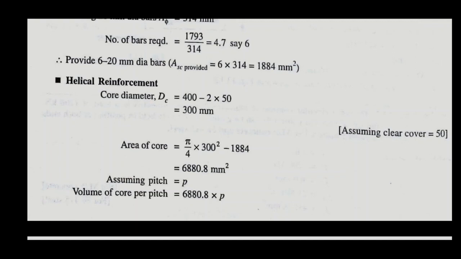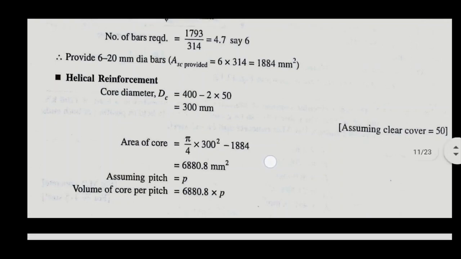Now assuming pitch, volume of core per pitch is area of core into p, that is 68880.8 into p.